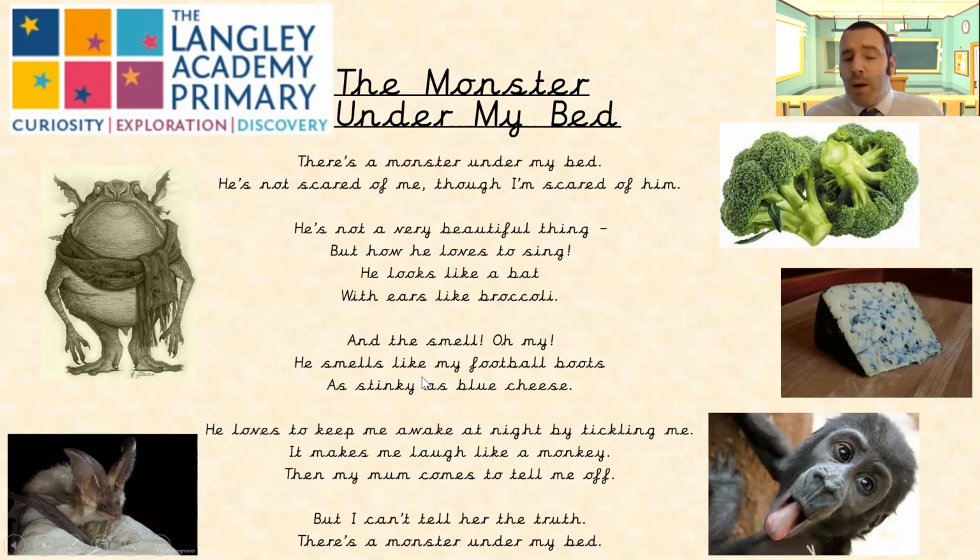And we all know a pair of shoes, once you've been running around in them, they've got a bit warm and sweaty. They don't smell great. And blue cheese has an amazingly strong smell, and I like blue cheese, but it's one of those things that some people don't like because of the smell, and it is quite a strong smell. So as stinky as blue cheese, I can imagine what the smell is.